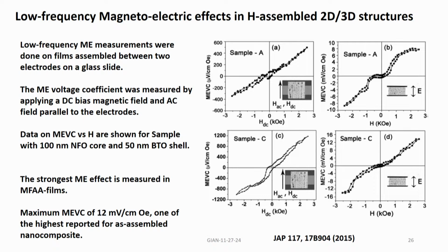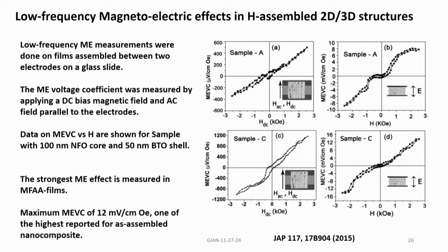The maximum value that we got was around 16 millivolts per centimeter Ørsted. You should compare that with a bilayer of nickel ferrite PZT, which is in hundreds of millivolts per centimeter Ørsted. So, in the nano system, the interactions are much weaker than in bulk composites or thick film composites.